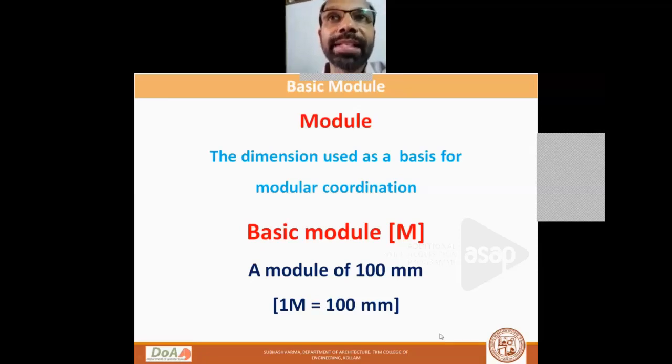I'll give you some examples from the traditional architecture of India. When you observe it, you can see that the traditional architecture of India has applied the aspect of modular coordination very subtly.